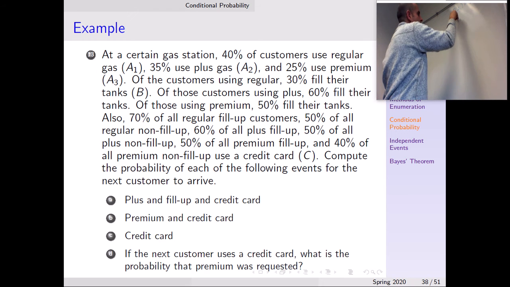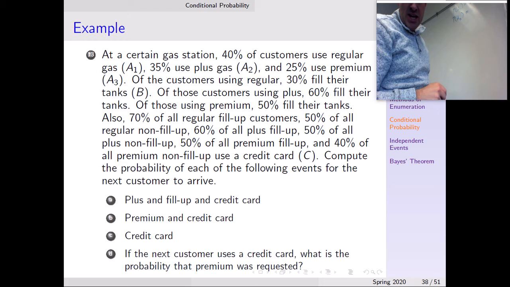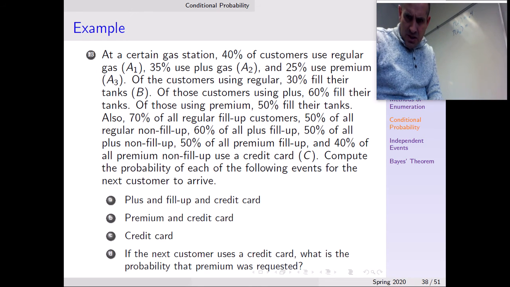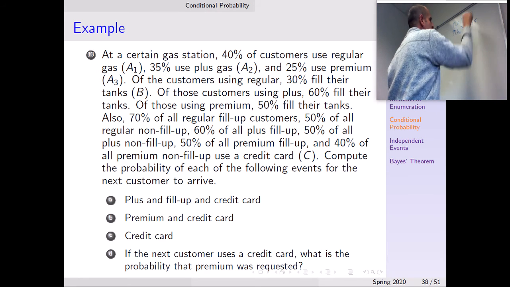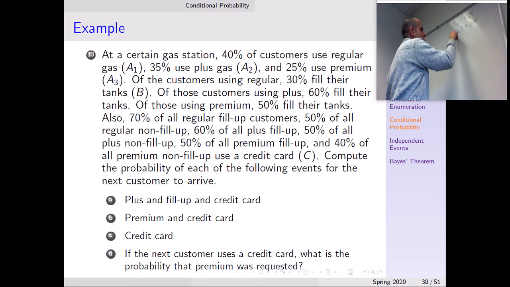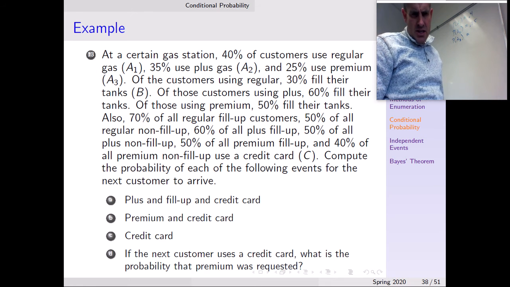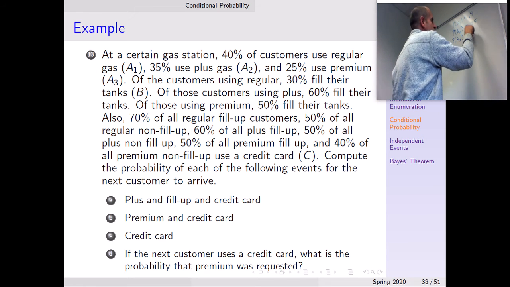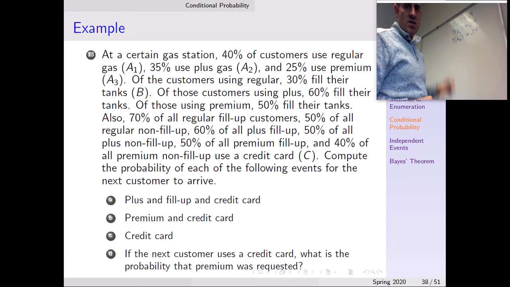The probability of A2, that's plus, is 0.35, 35%. And the probability of A3 is 25%. Do these add up? Yes, 60% plus 40% is 100%.